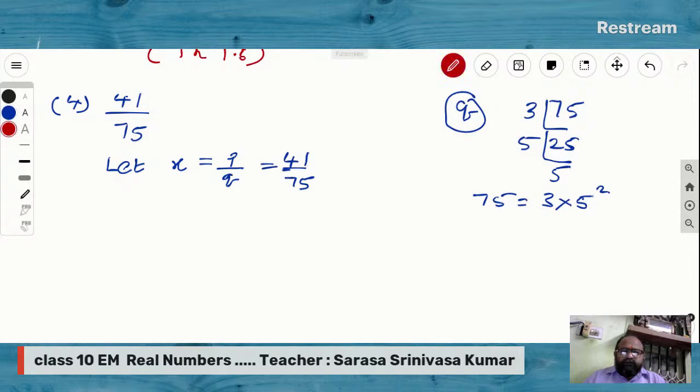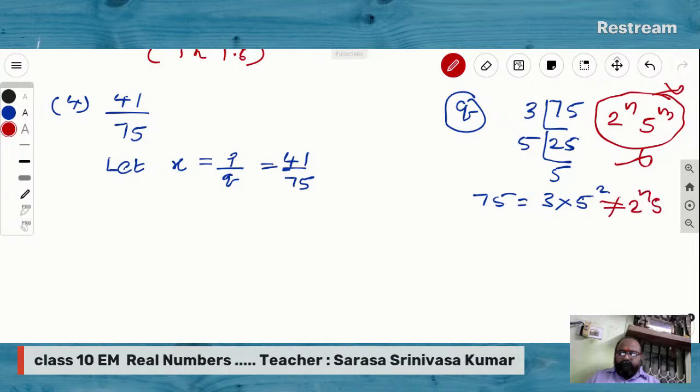Now it is very clear that it is not in the form of 2 power n 5 power m. The denominator is not in the form of 2 power n 5 power m. So this is equal to 41 by 3 multiplied by 5 square.